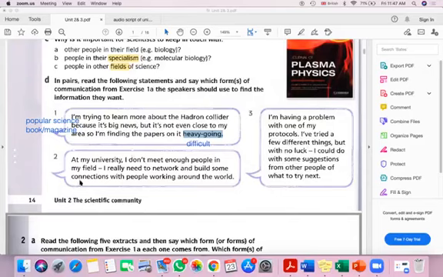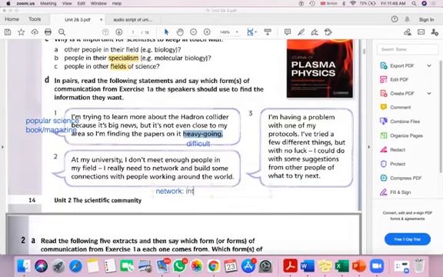This one, number 2, at my university, I don't meet enough people in my field. I really need to network, right? As you can notice here, network here is a verb, not a noun. What is the meaning of network? Network means to interact with others in order to exchange information.